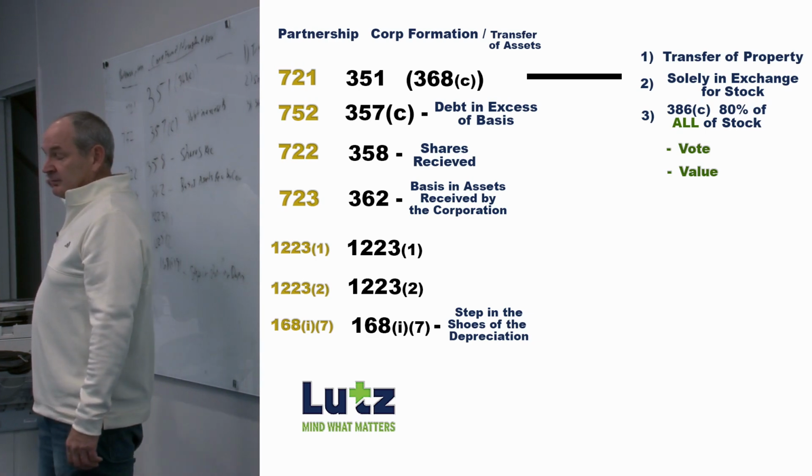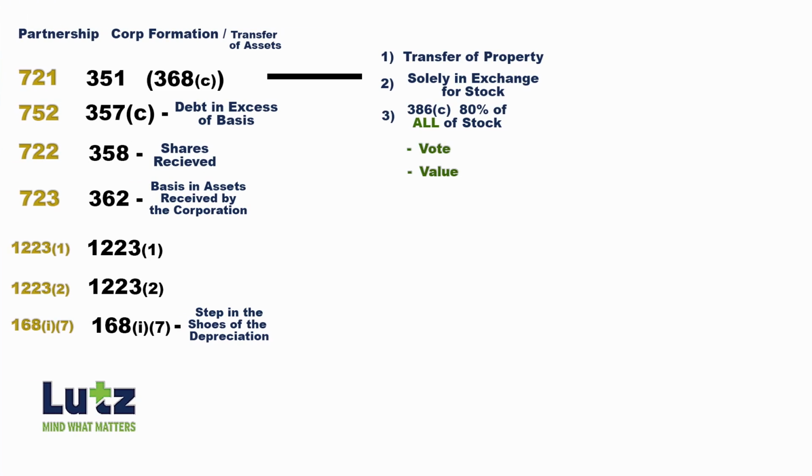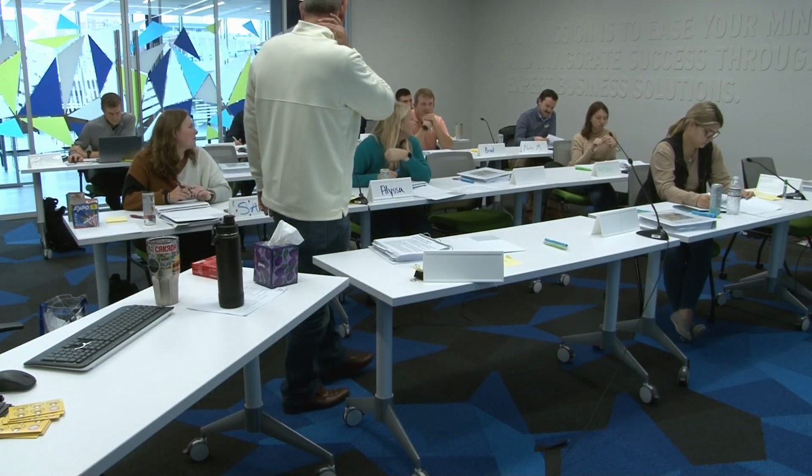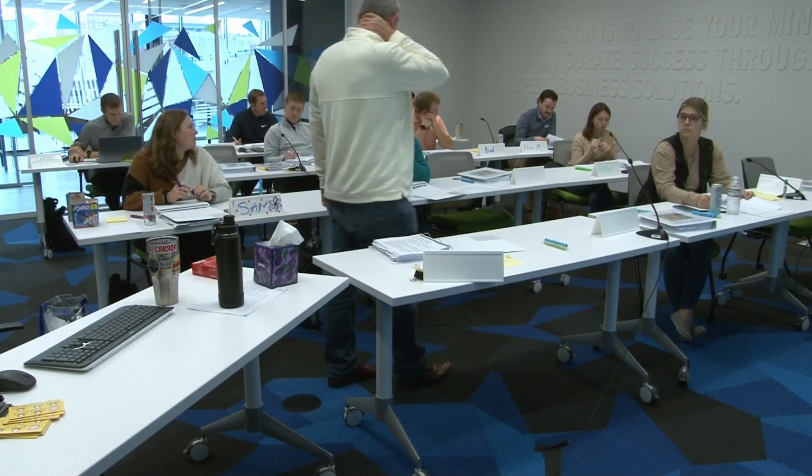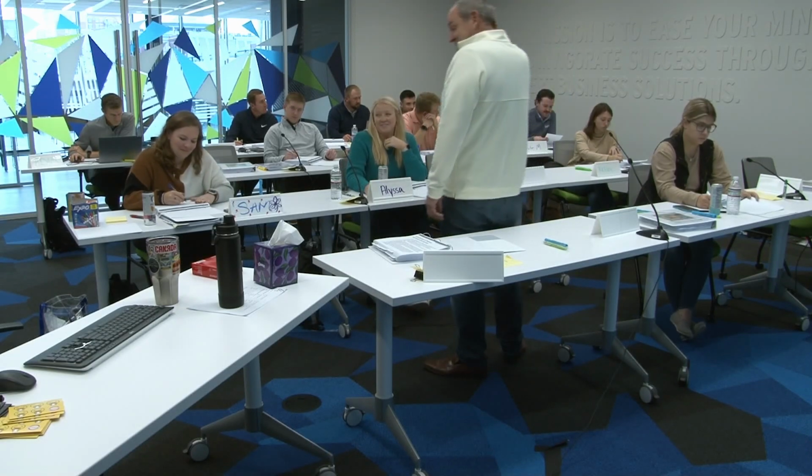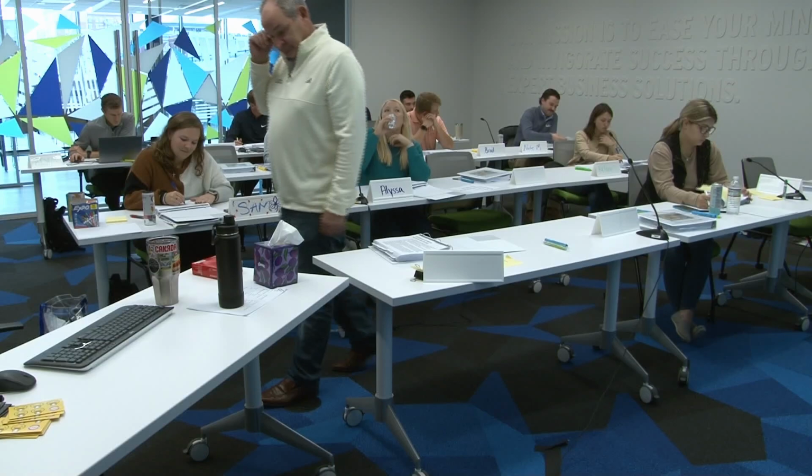And 358 was much more complicated. Does anybody remember what 358's formula was? I have it written down. It's old basis of the asset plus gain realized on 351 plus boot paid. No, 357(c). Gain realized on 357 plus boot paid minus boot received.